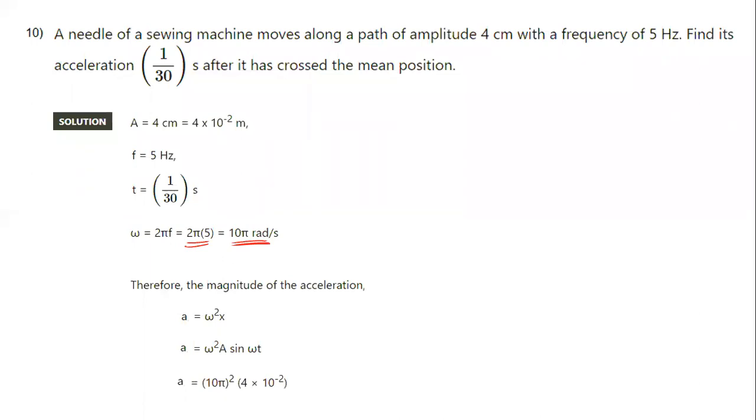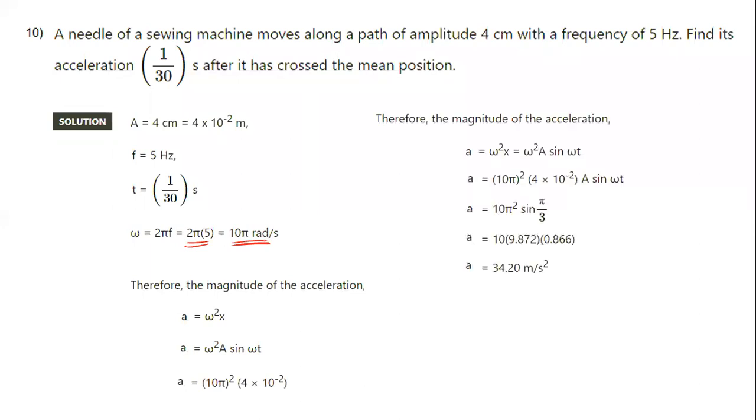Then we substitute omega, amplitude and sin ωt. After solving this, we get 10π² sin π by 3.